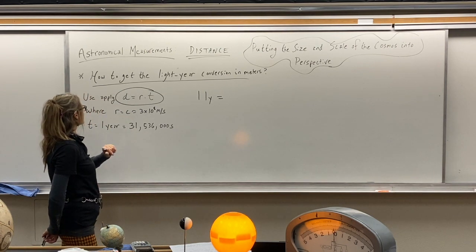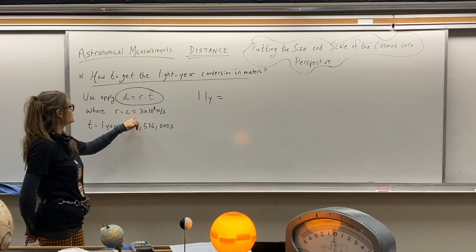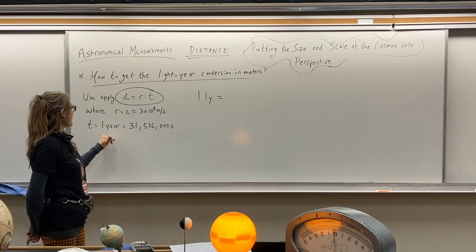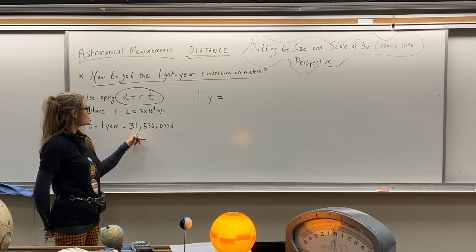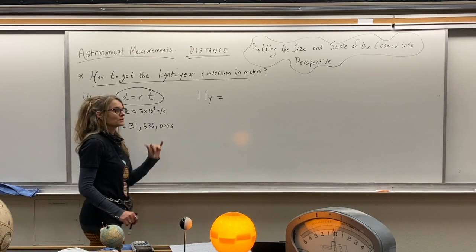And so what we could use is for a rate, we know the light year is based on the speed of light, c, 3 times 10 to the 8 meters every second in a vacuum. And 1 year is broken up into 31,536,000 seconds. So this is how it goes.